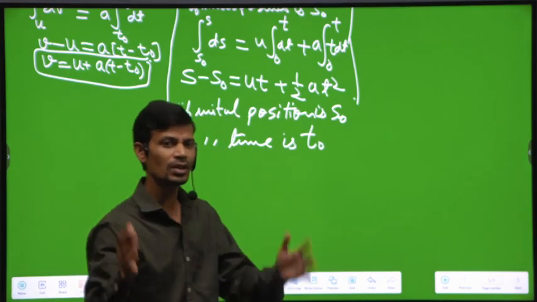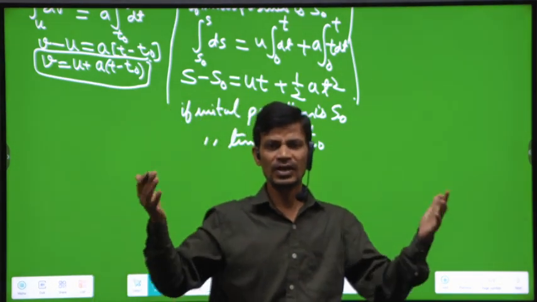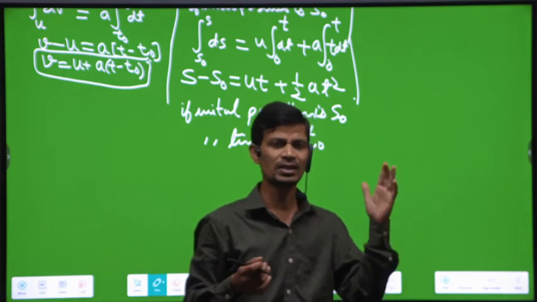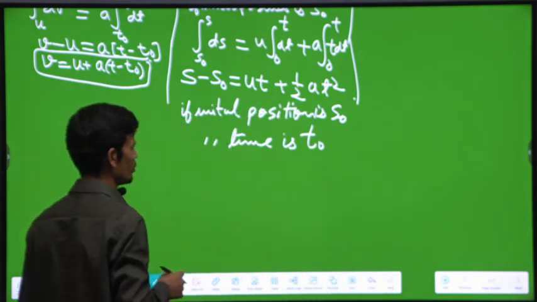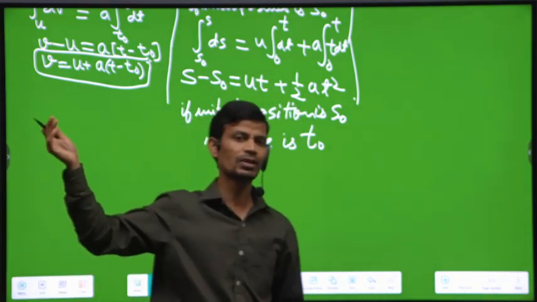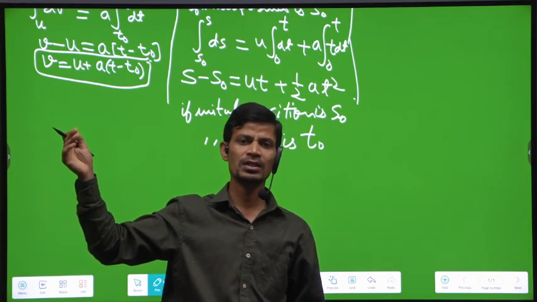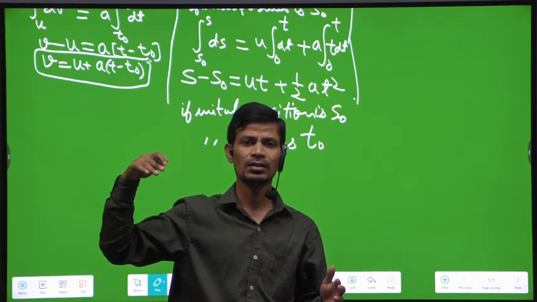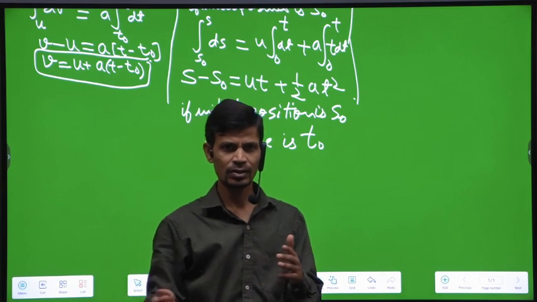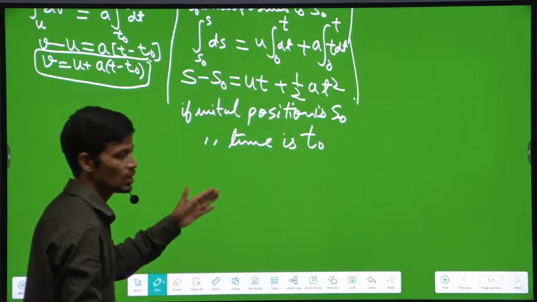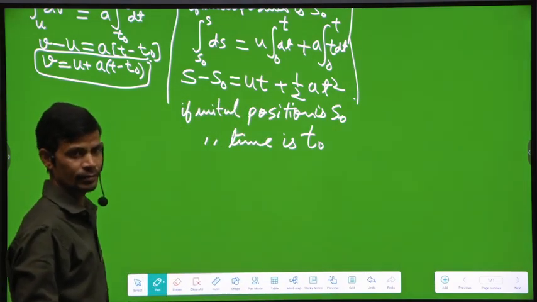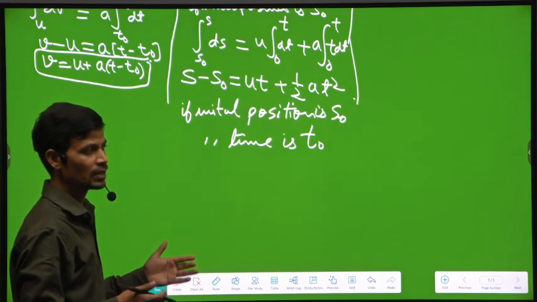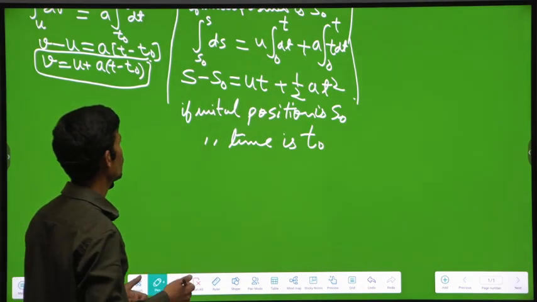It is not 0, but with reference to some other time frame it is t0. Maybe the 0 time instant is somewhere way behind, so we have selected this t0 as the time instant of our point of observation.